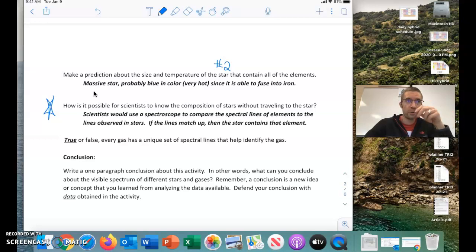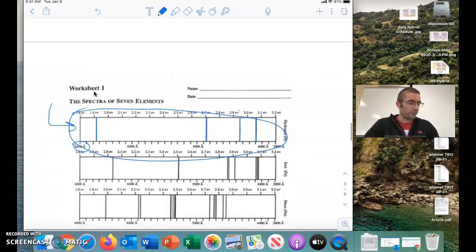Your fingerprint doesn't match somebody else's, just like the fingerprint of these different elements don't match other elements. So when an astronomer looks at the spectral lines, they use a computer. They just run it through, and it tells them what elements there are in that star without even going to the star.